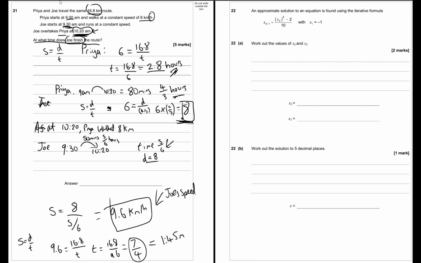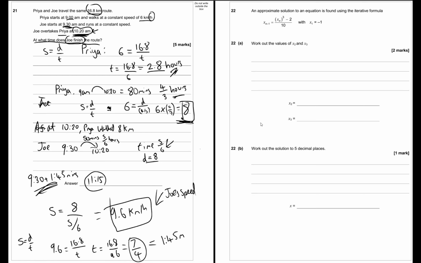He starts the route at 9:30, so it's going to be 9:30 plus an hour and 45 minutes. So it'll be 10:30, 11, 11:15. Done. Just be careful when you're adding minutes. Okay, we are done.